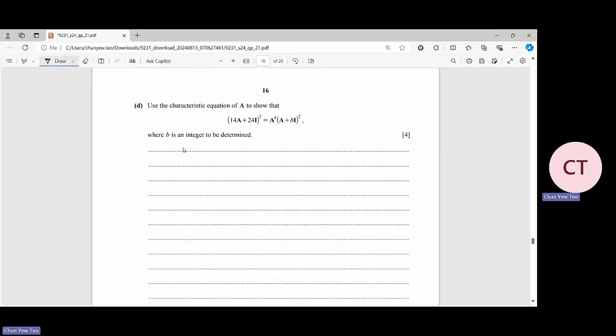Okay, so from the characteristic equation, we have lambda, 6 minus lambda, -1 minus lambda, and 4 minus lambda equal to 0. We just need to expand them. Okay, so have to expand them carefully.